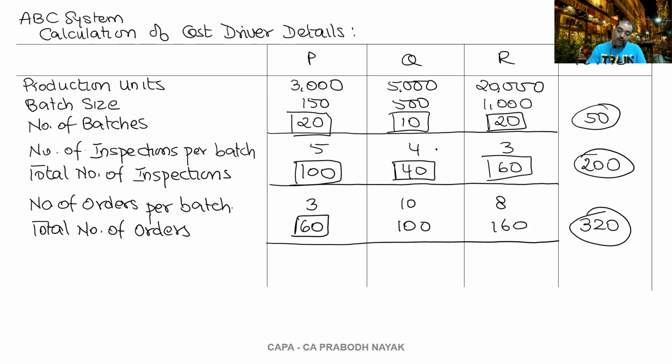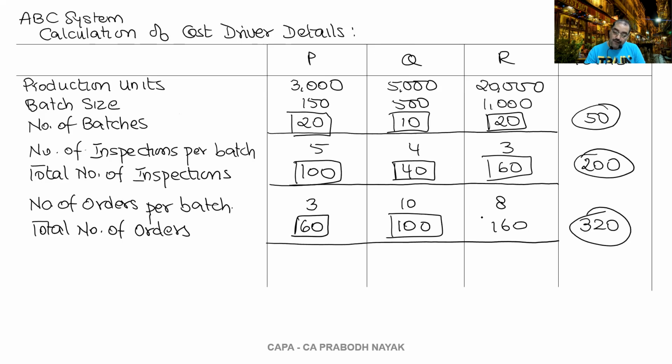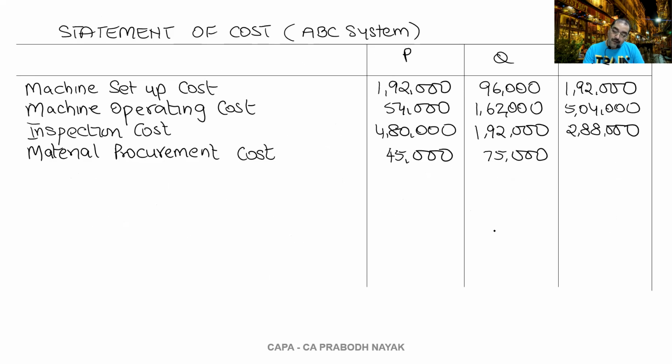Then 750 into 100, 75,000. Then 750 into 160, 1,20,000. Yes. Take the total of overheads.